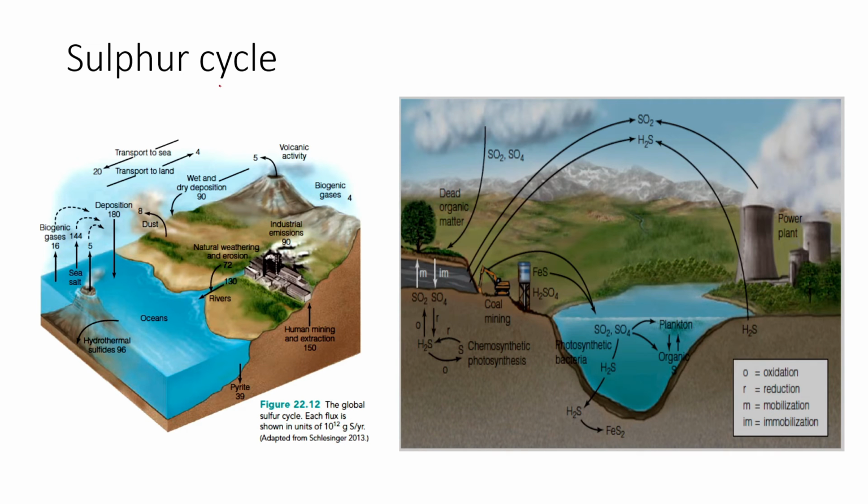Then the sulfur cycle. The sulfur cycle is gaseous as well as sedimentary. The gaseous cycle is usually formed with respect to volcanic outputs and industrial outputs. Majorly volcanic outputs in natural activities and industrial output in commercial or artificial activities.